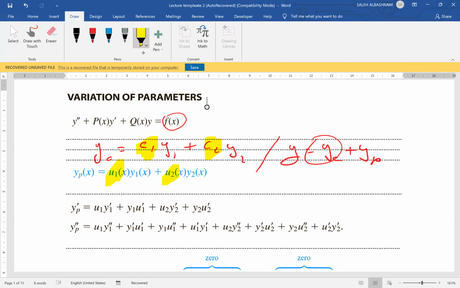So I'll have minus y2, which is sine of x, multiplied by f of x. f of x in my equation is secant of x. So multiplied by secant divided by 1. This is equal to minus sine times secant, and secant is 1 over cosine, so I will have minus tangent.